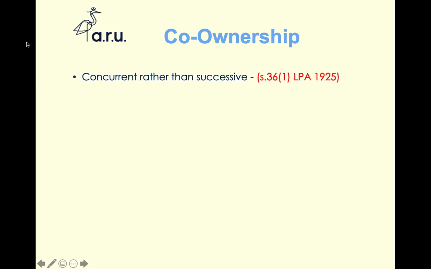So co-ownership itself, what we're looking for in co-ownership is that two people are holding land at the same time. They're holding an interest in land at the same time rather than one after the other. So we're looking at it happening at the same time, concurrent rather than successive. We're looking at their ability to share the land as co-owners.